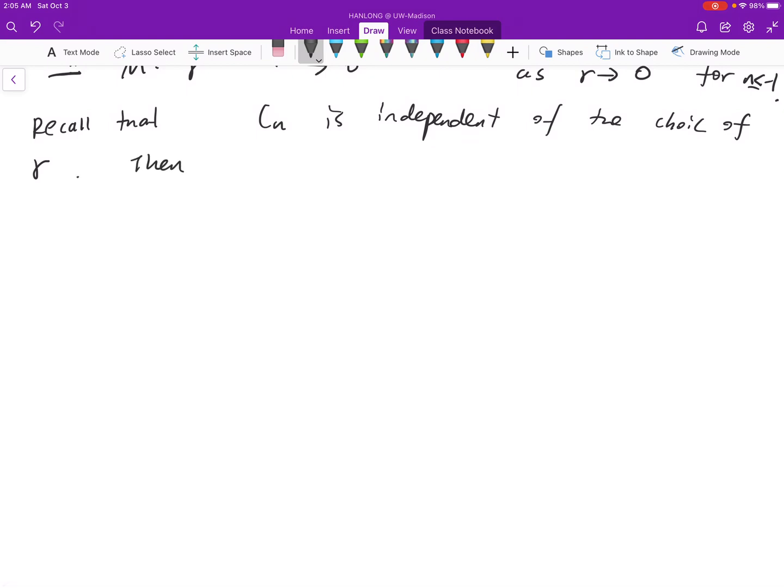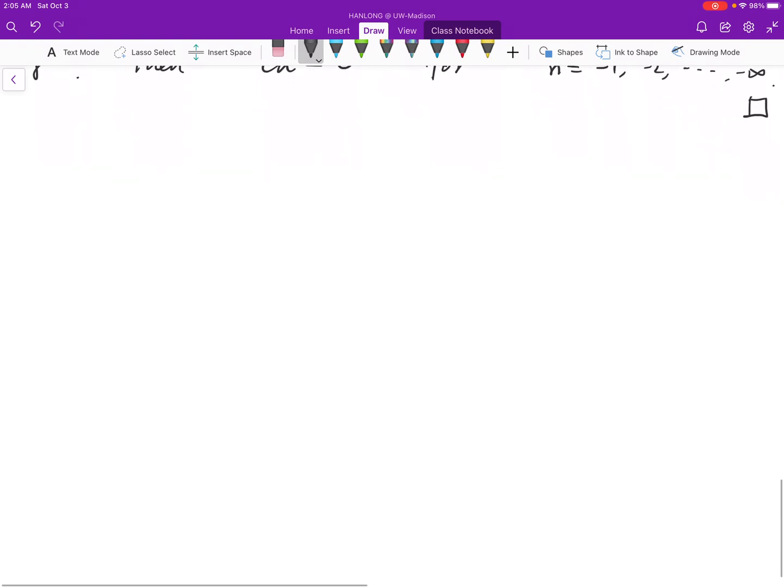Then C_n must be 0 for n from -1, -2 all the way up to negative infinity. And then by definition, we know f has a removable singularity at point a.